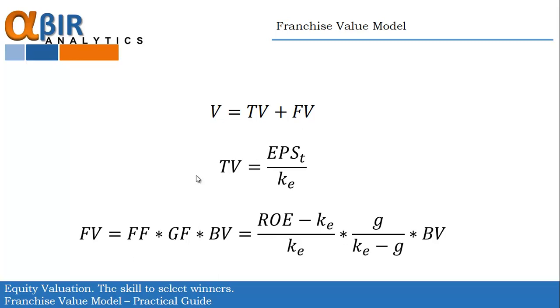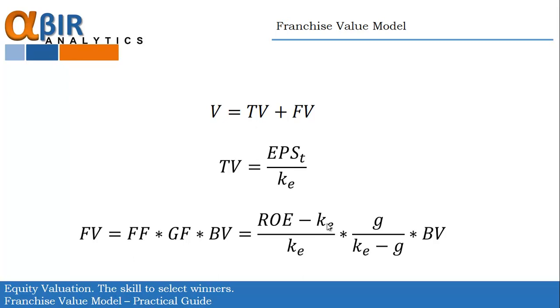The idea behind it is to compare the company's performance against the expectations and also try to value the growth opportunities in front of the company. The first part is directly derived from the idea of economic profit, where we compare the company's performance, measured by the return on equity, against the market expectations.